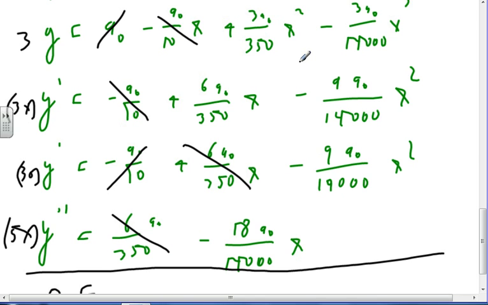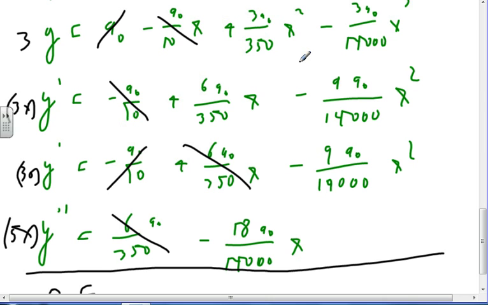I'm looking at the x squared terms. I have 9 over 350. I've got plus 3 times 6 divided by 350. I've got minus 30 times 9 divided by 14,000.